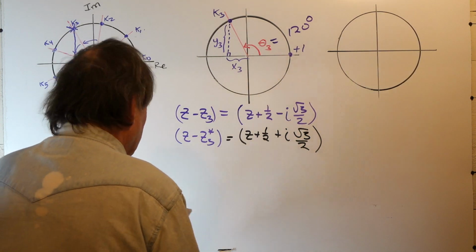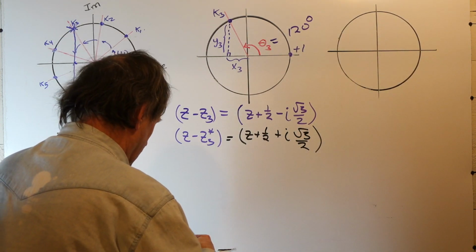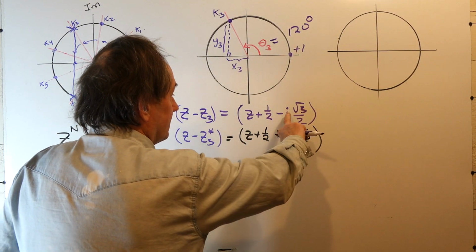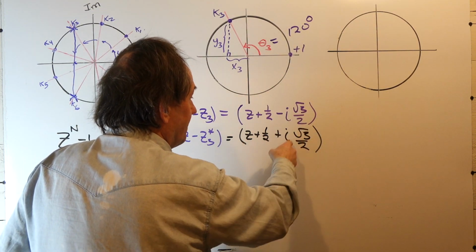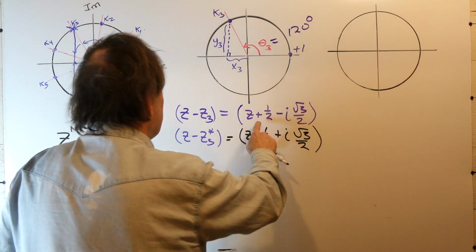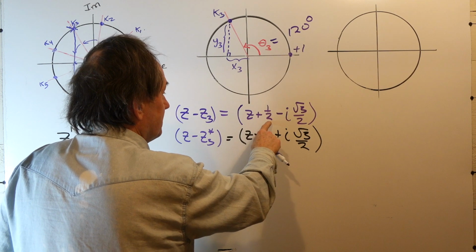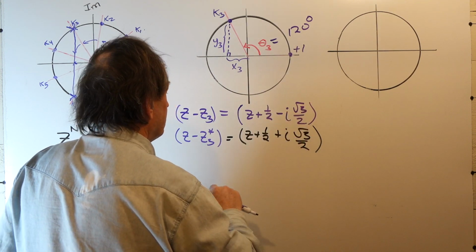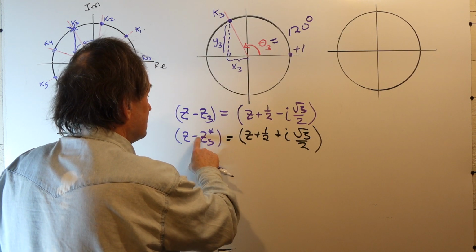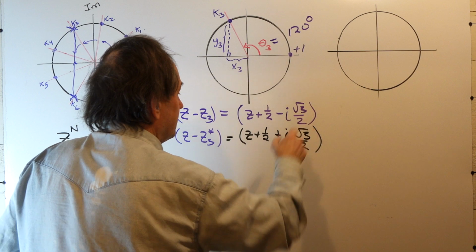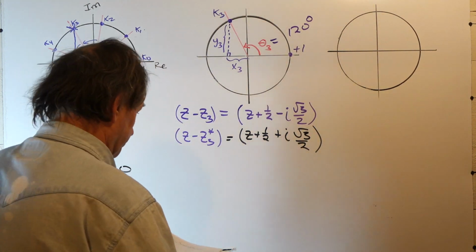That is, the real parts are the same between a complex number and its conjugate, but the signs on the imaginary part are opposite of one another. So if z3 is minus 1/2 plus i square root of 3 over 2, then z3 conjugate negated is 1/2 plus i square root of 3 over 2.